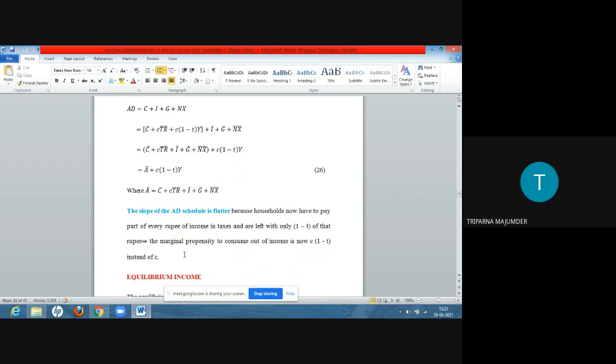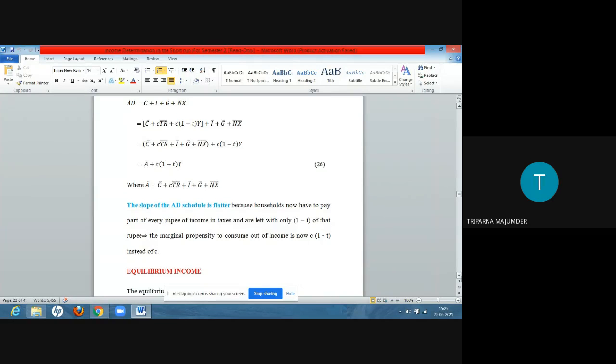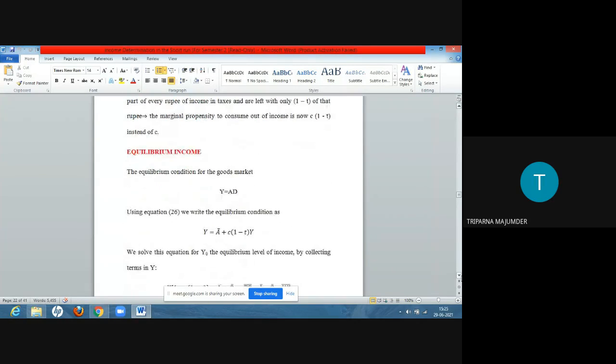It implies that marginal propensity to consume out of income is now small c into 1 minus t instead of just small c.